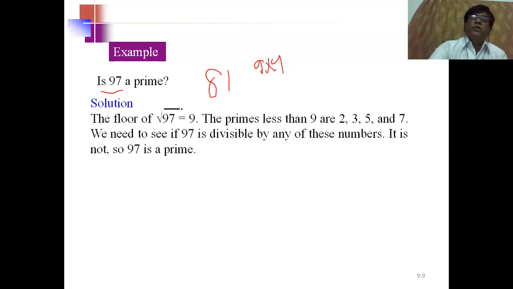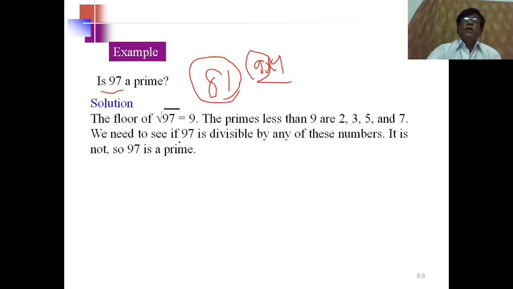So it is 9 into 9. That's why the floor of the square root of 97 is 9.